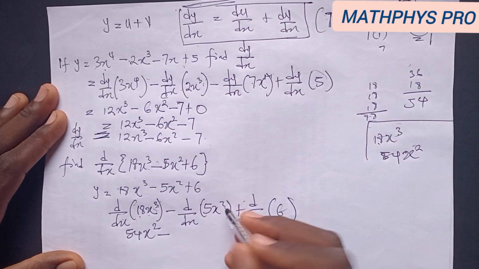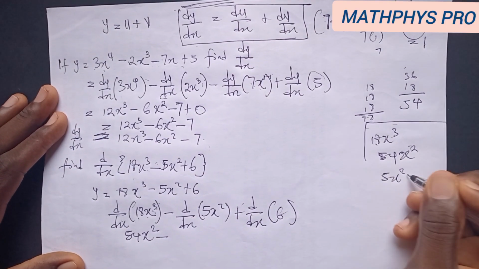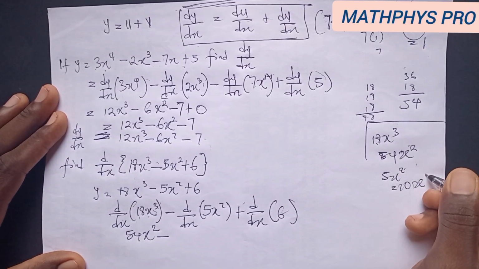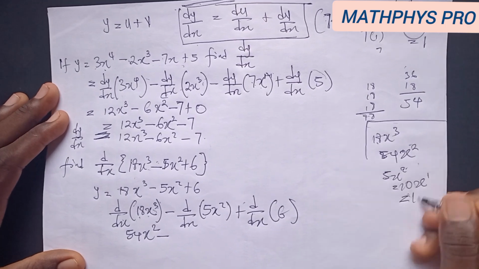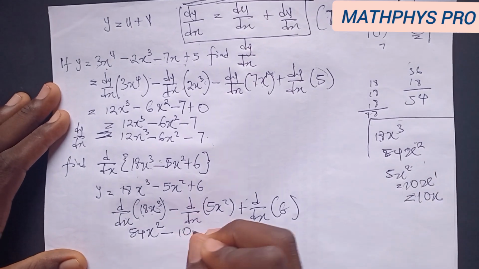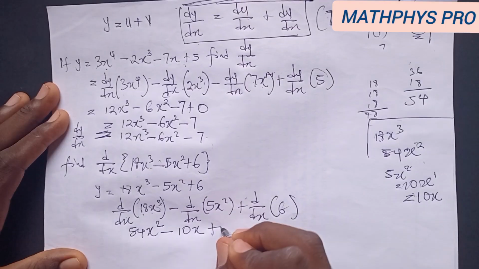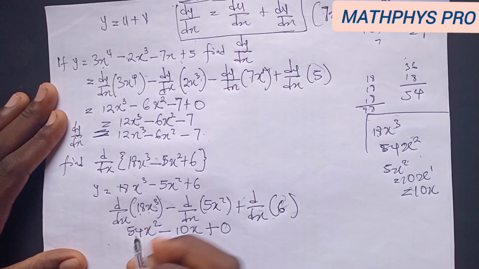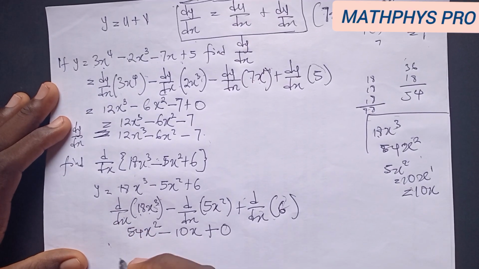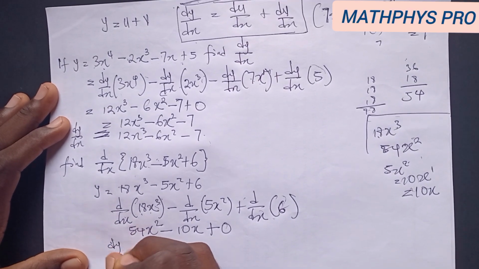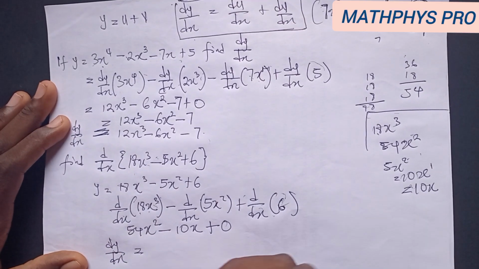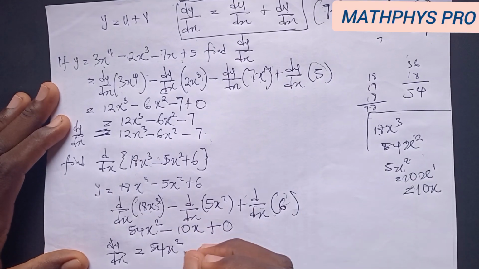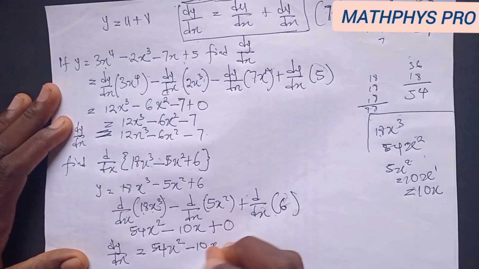Minus the derivative of 5x squared: 2 times 5 gives you 10, and 2 minus 1 gives you 1, so it's still the same thing, 10x. Plus the derivative of 6, a constant, which is always 0. So now we can say that dy/dx is equal to 54x squared minus 10x.